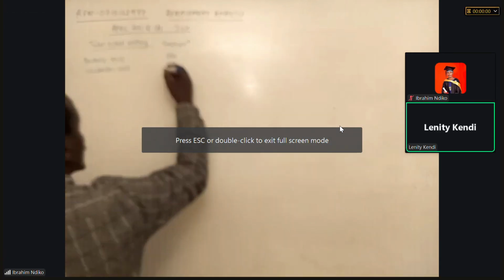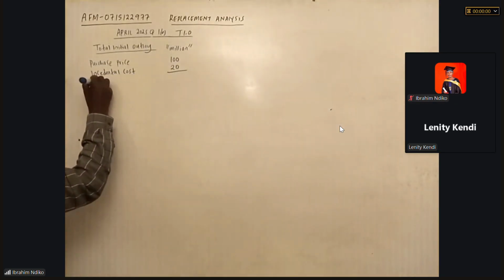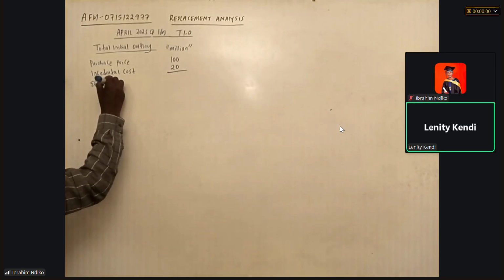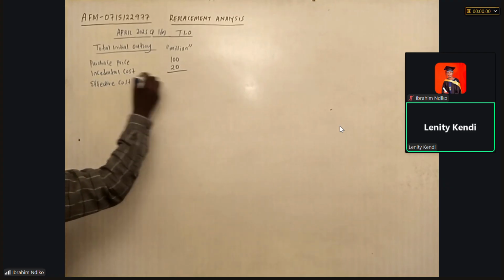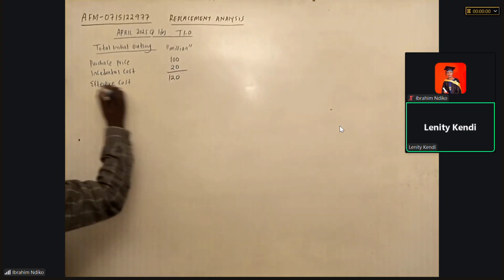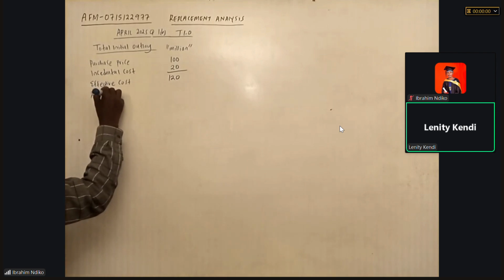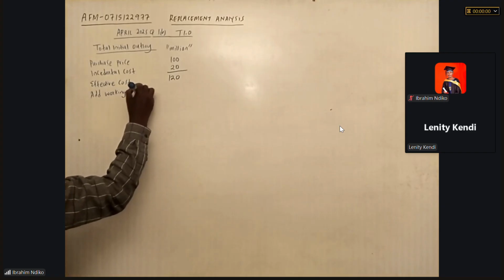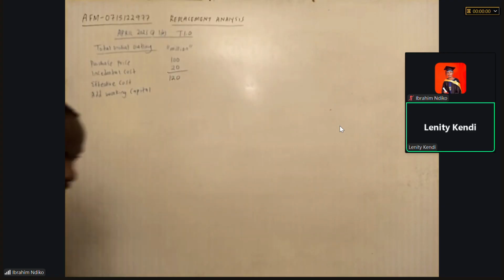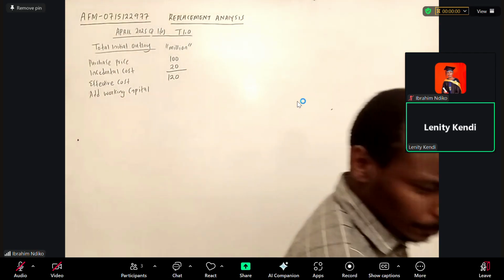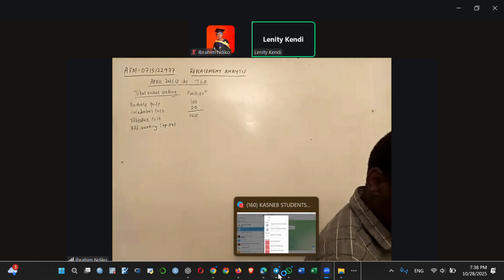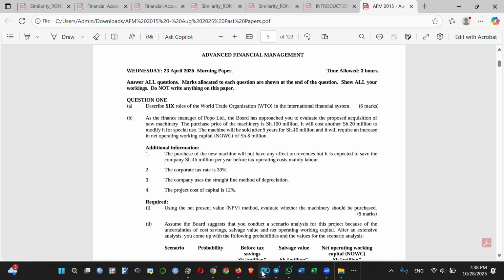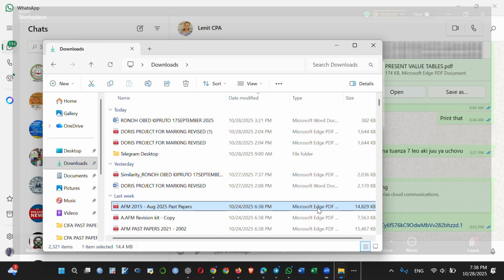So we get the effective cost of 120, sivyo. Then you add working capital of 8 million. And then it ends there.